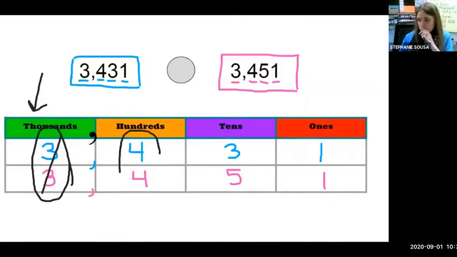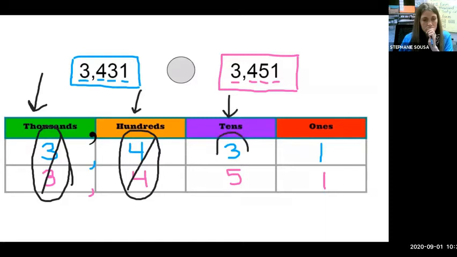Okay, let's go to our hundreds. If we take a look, we have 4 hundreds in both of these numbers. Again, this does not help us decide which number is larger and which is smaller because it's the same. Okay, so we're going to move on. That was our hundreds place. Now we're going to move on to our tens column and do the same thing.